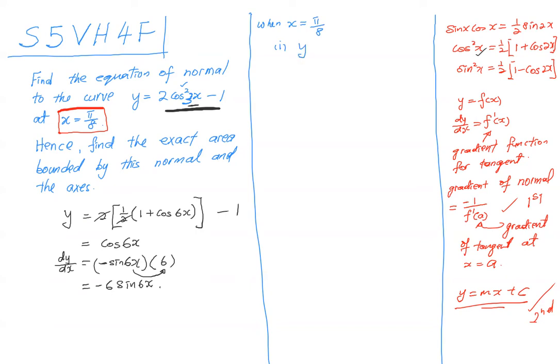So my y will be equal to, you can either use this or this, your choice. It doesn't matter. I will prefer to use the simple one. So this will be cos 3 pi by 8.